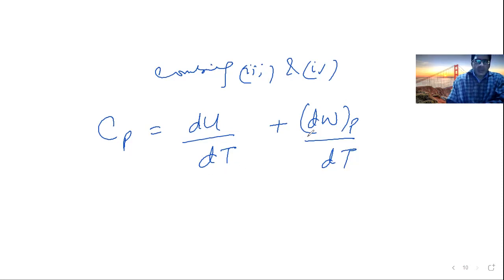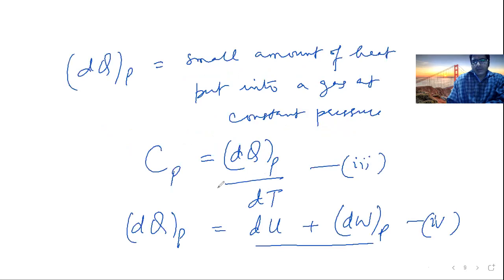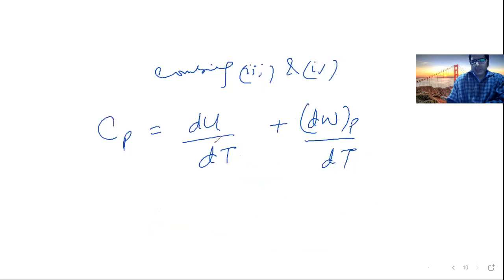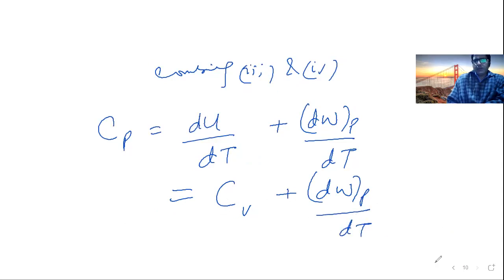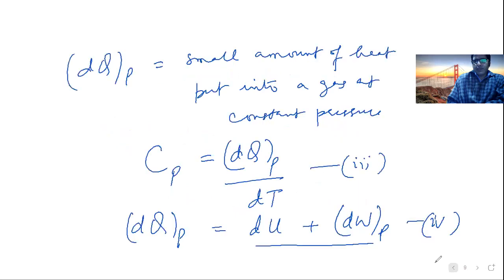dU/dT plus dW_p/dT. It's simple. I have written dU plus dW_p, and it will become dU/dT plus dW_p/dT, right? Now what's dU/dT? It is Cv, the heat capacity at constant volume. What was that equation?